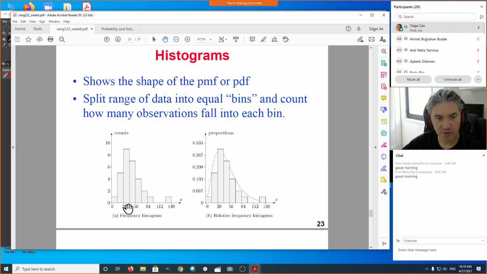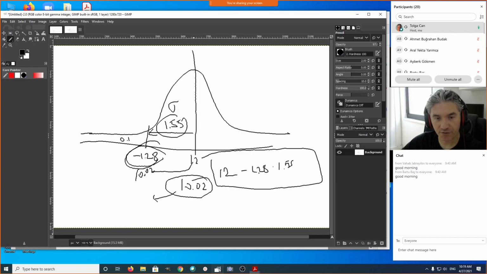Whether you're going to include 42 in this bin or in this bin, when you're deciding on your bin sizes, if they're integer values, whether you're going to do it like this for each bin, for example, from 0 to 14 and the next is from 14 to 28. If you write your intervals like this, what this means is that 14 is included in this bin, 28 is the boundary of this bin, but it's not included.